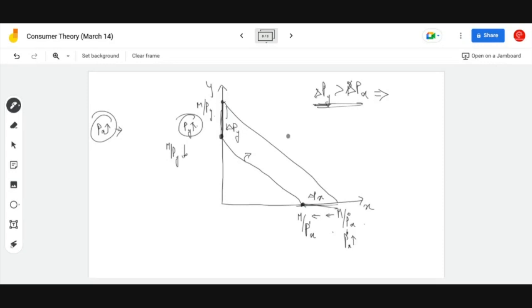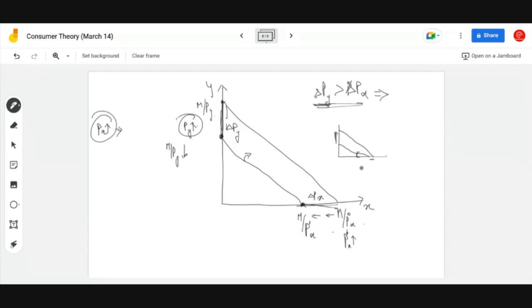Assume this is the line, and now we have this line. This change is more than this change, so the slope will fall.